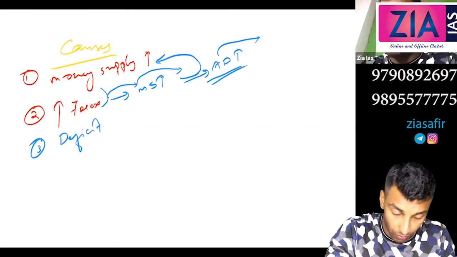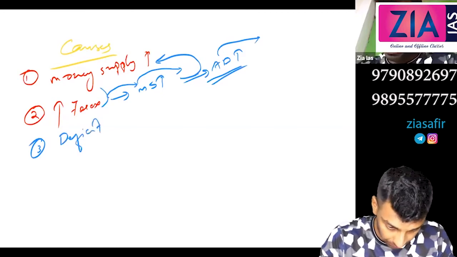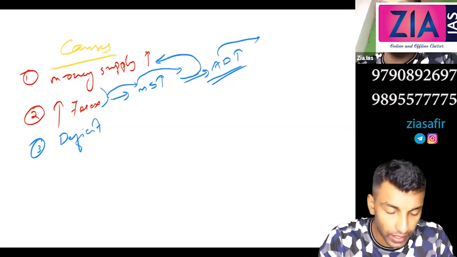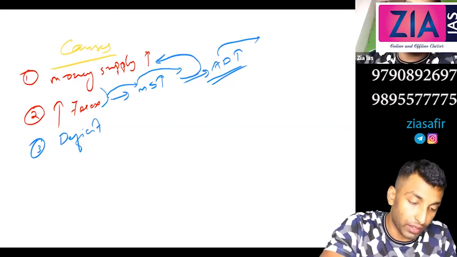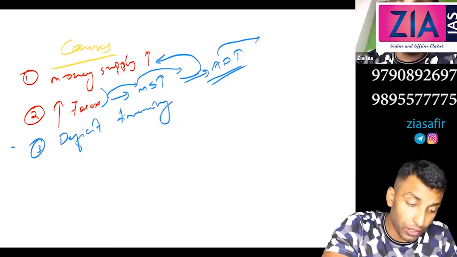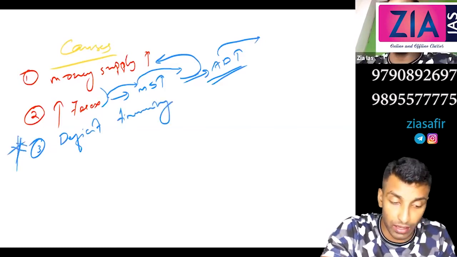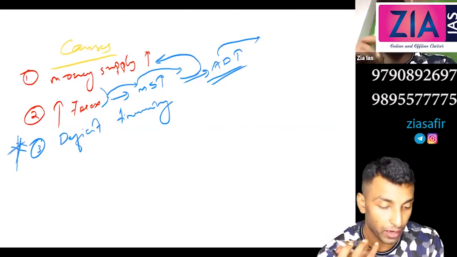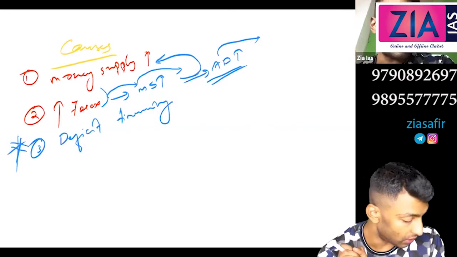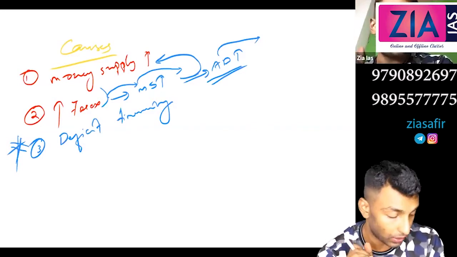Deficit financing means government simply printing the money and circulating in the market. So obviously money supply will increase. Okay, so deficit financing is highly inflationary and is not at all desirable. We will talk about FRBMA 2003, in which deficit financing is not allowed. So now we don't have any deficit financing. RBI is not printing just like that and circulating. Okay.